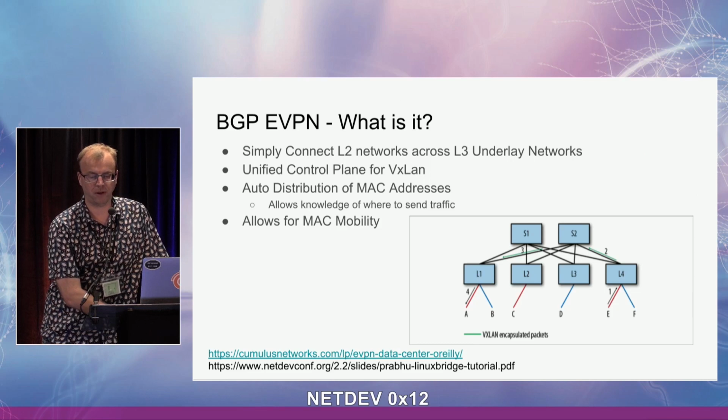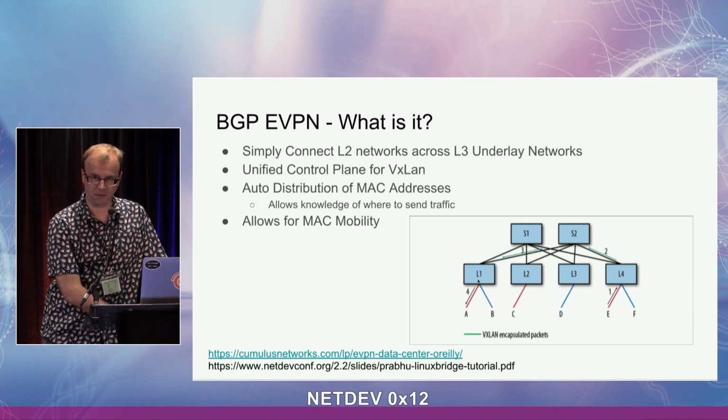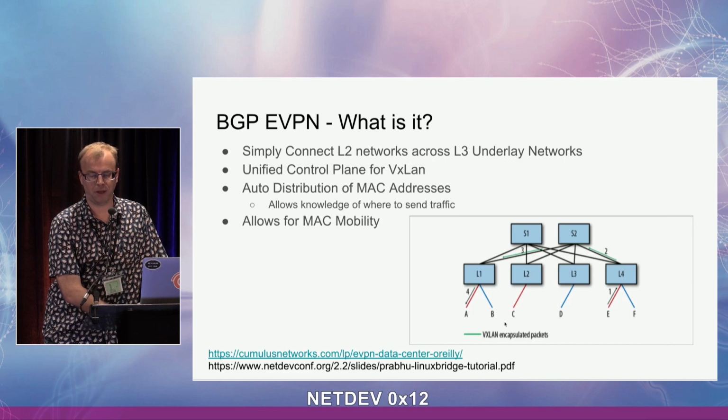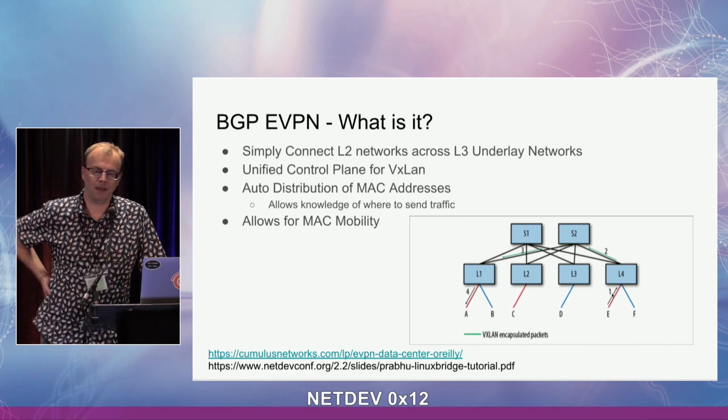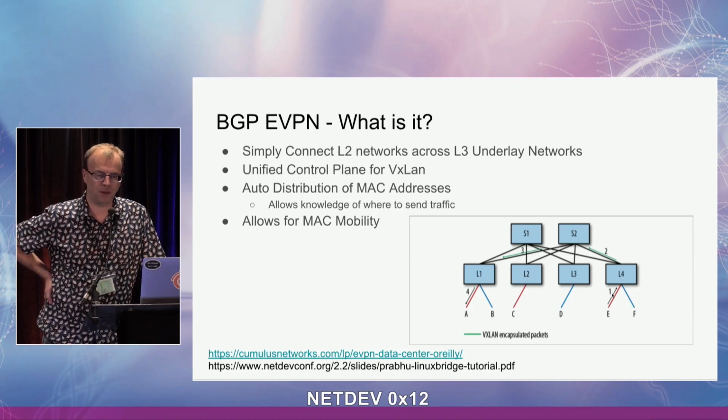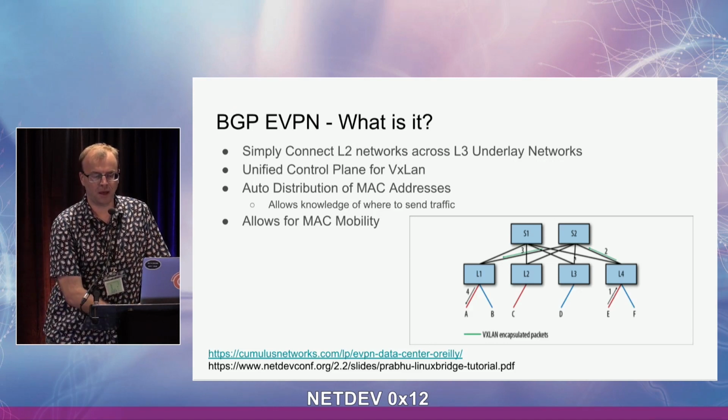So in the picture here, the MAC addresses for A, B, C, D, E, and F would be distributed to all the leafs here. And if, for instance, E wanted to get to A, all I would have to do is just send a packet, and the MAC address would allow you to get there.